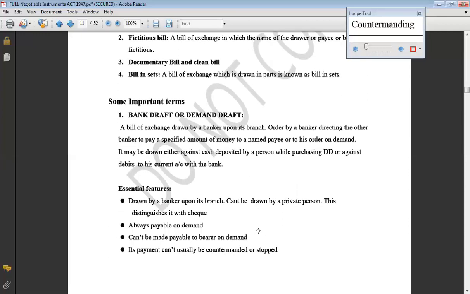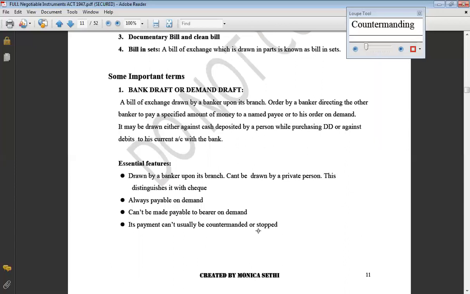Some more instruments are, strictly speaking, not negotiable instruments, but they are somehow related. So let us study them. Bank draft or demand draft. We all know about this. Sometimes we have to make a demand draft. For example, you have to apply for reevaluation of your exam, and now you are doing it online, then you have to send a postal order, I guess.